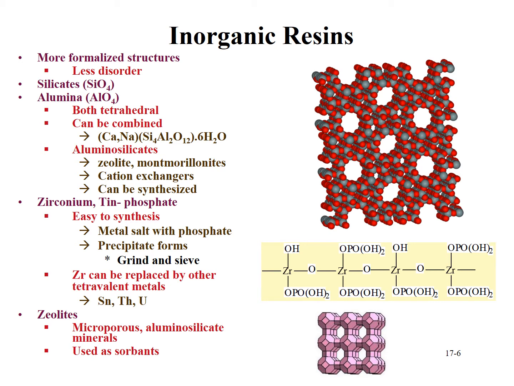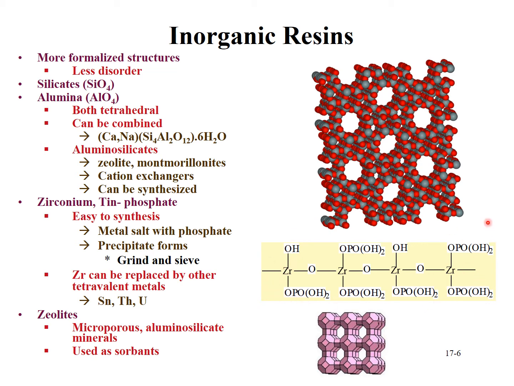Examples of aluminosilicates that can be used in separations include zeolites and clay minerals. These are often cation exchangers where metal ions can fit into these cavities, and they can be synthesized. An example of an inorganic resin material that is relatively straightforward to synthesize is zirconium phosphate, with a structure shown here.